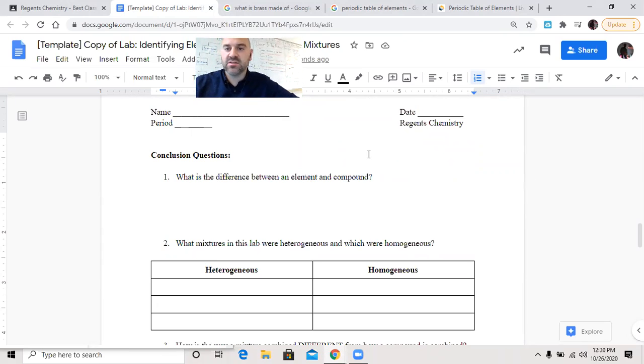Okay, Tintin, I'm gonna take yours. Tintin said an element cannot be broken down, period. It is in the simplest form. A compound is a combination of elements and can be broken down. So that's a good definition.